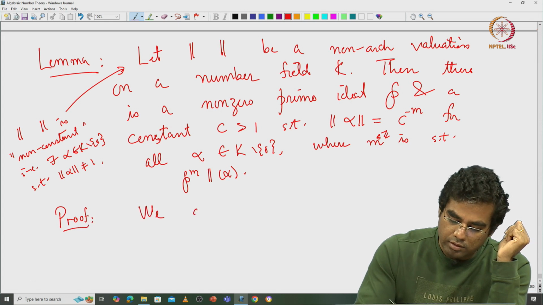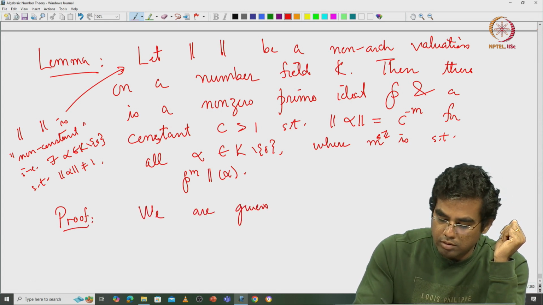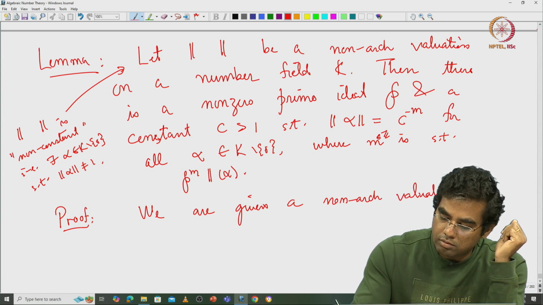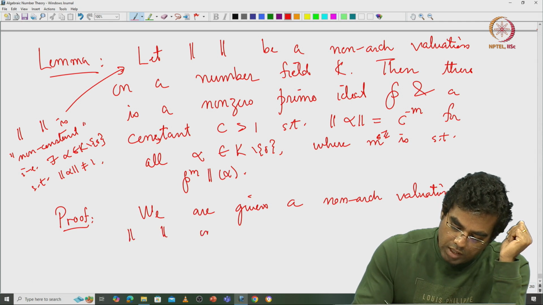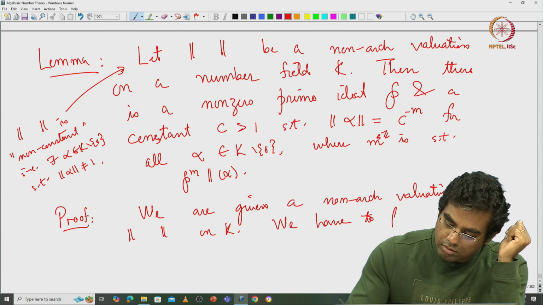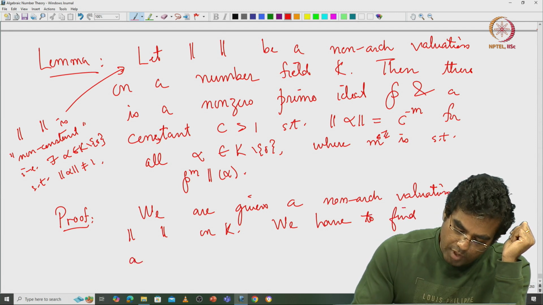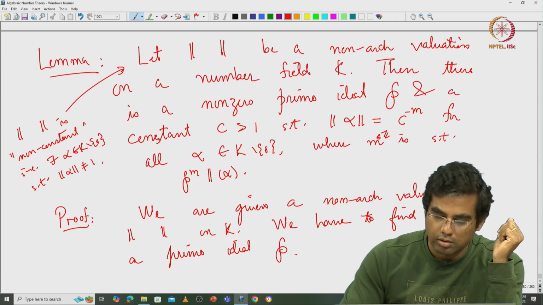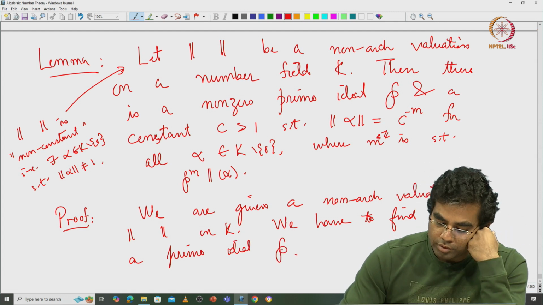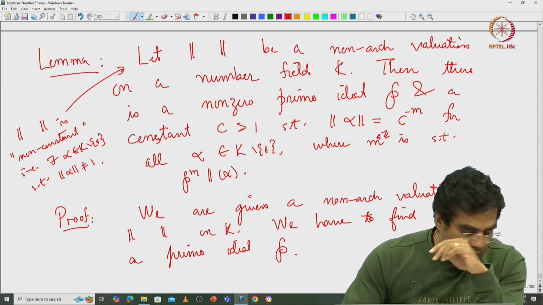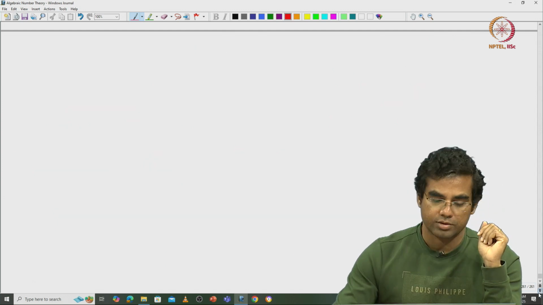So, we are given a non-Archimedean valuation on K. We have to find a prime ideal from this. So, we are given some analytic property and from that we have to find something algebraic. So, how do we go about it?